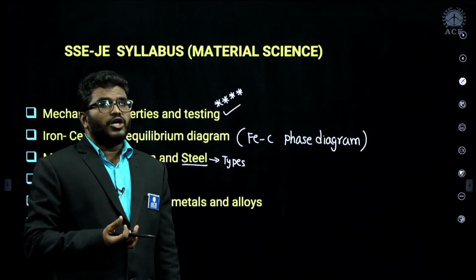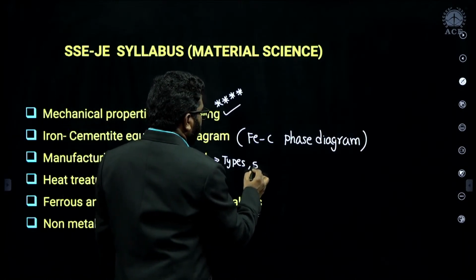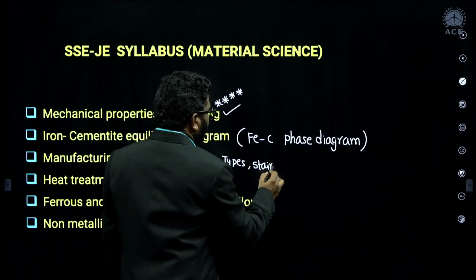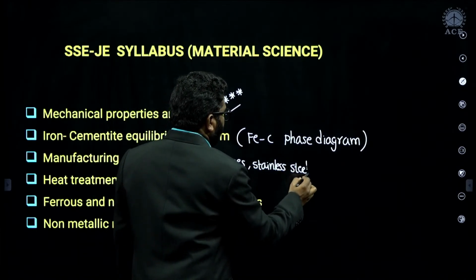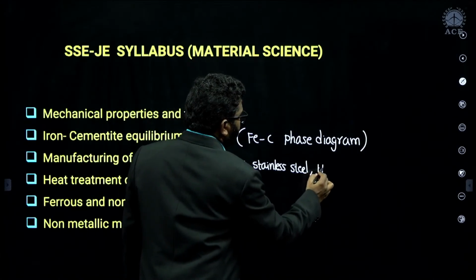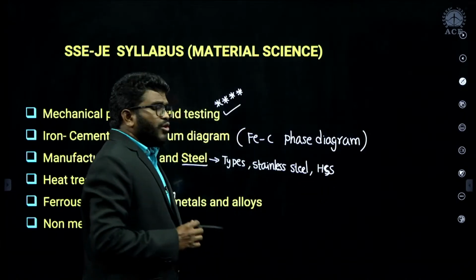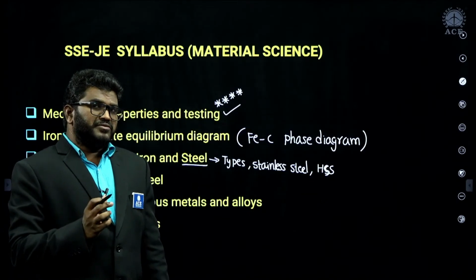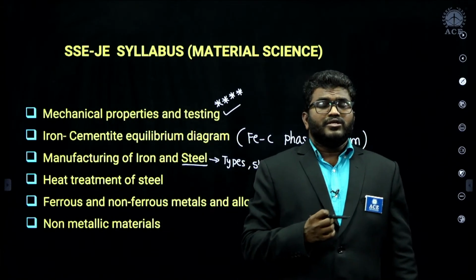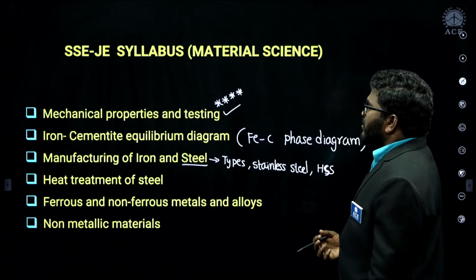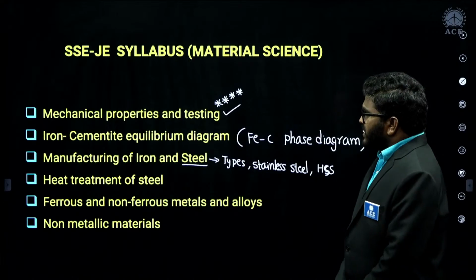Within alloy steel, they will ask basic questions from stainless steel and high speed steel, and also what type of alloying elements we are adding to improve the mechanical properties of steel. This type of questions they are also asking for your exam.